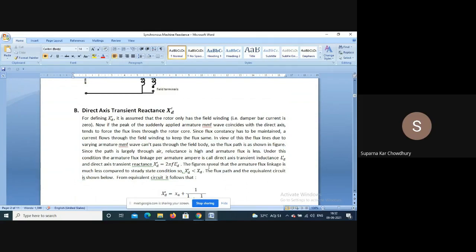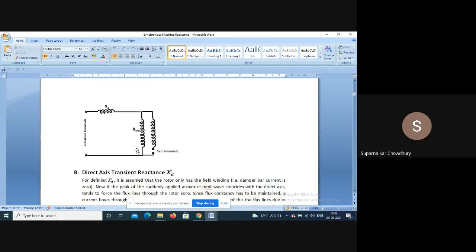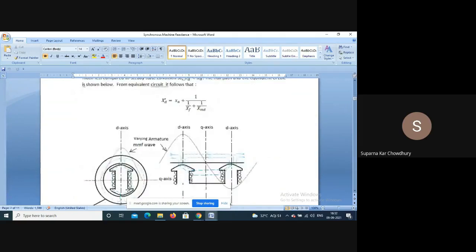Now the figure reveals that the armature linkage is much less compared to the steady state condition. In the steady state condition, the armature MMF goes across the rotor body. This is made of iron, so reluctance is low. But here it goes largely through air, so reluctance is high. So for the same value of MMF, the flux will be less.